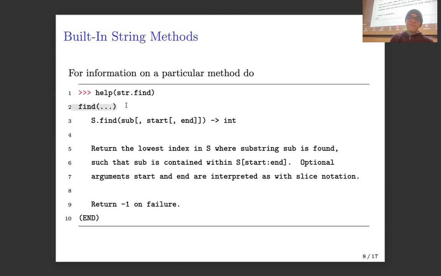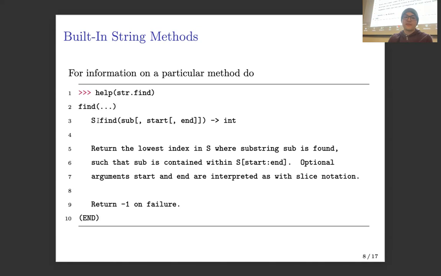So this is the method that we're going to be using. And this is telling us what its usage is, right? We can already see this is going to return an integer. So this is your string S. You can say dot find, that's the method. And we read this: these square brackets here indicate something that's optional.